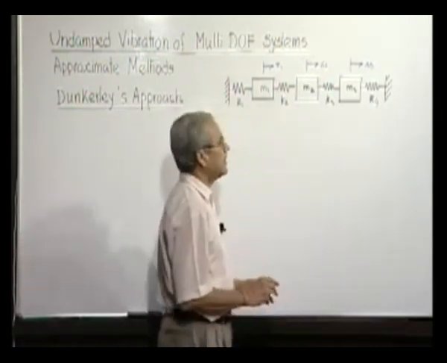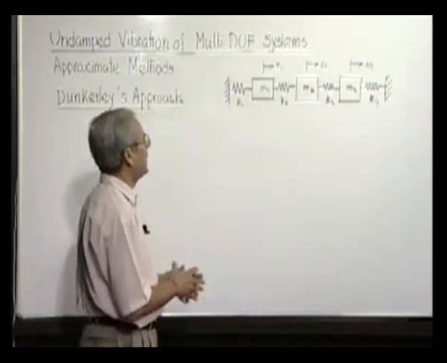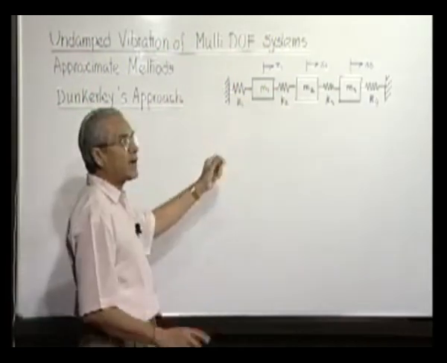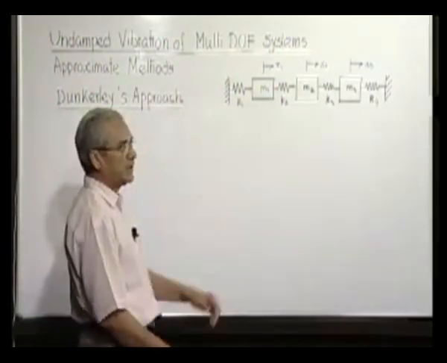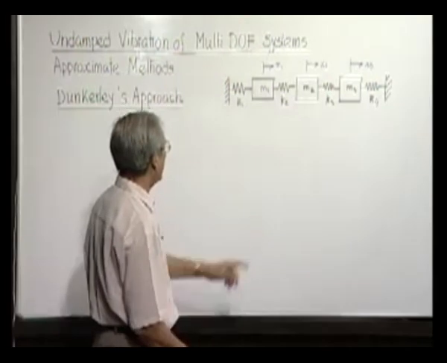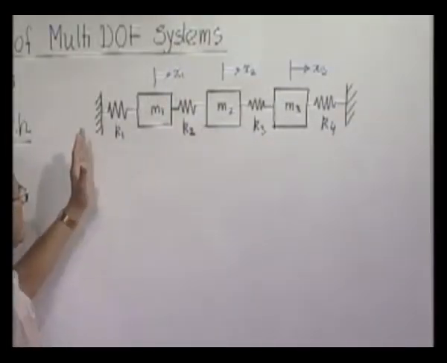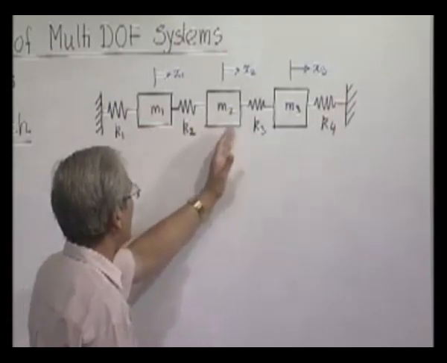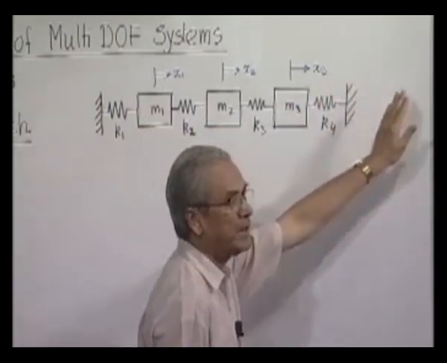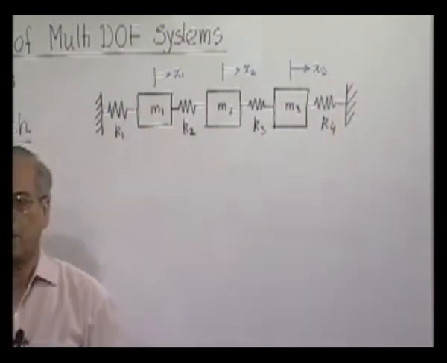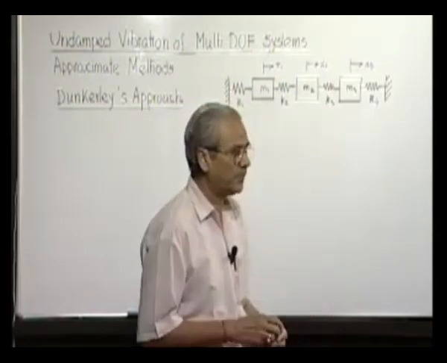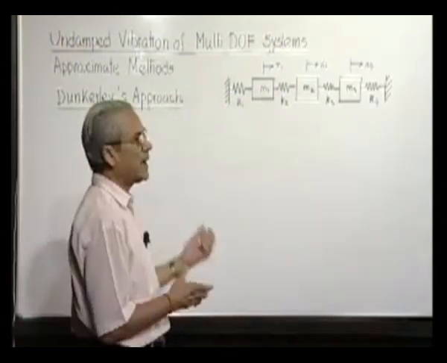Now, one thing perhaps clear to you is that there will be two kinds of situations while finding the flexibility matrix using the influence coefficient approach. The cases which we solved, where these masses are there but the other end is free, are relatively simpler for finding out the flexibility matrix, because they are statically determinate.